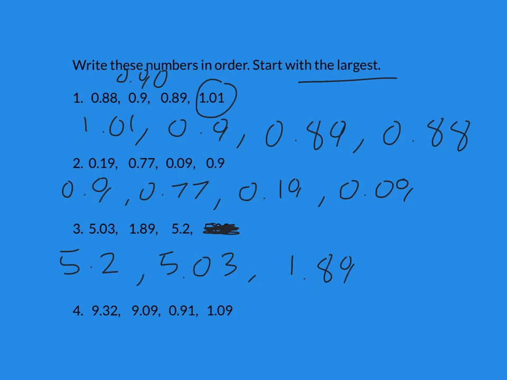So the largest number here, in this bottom example, is 9.32. Then it is 9.09. Then 1.09. And then finally the smallest number is 0.91.